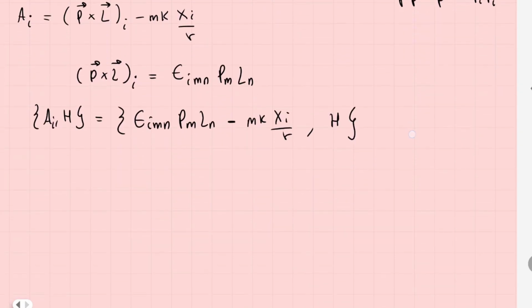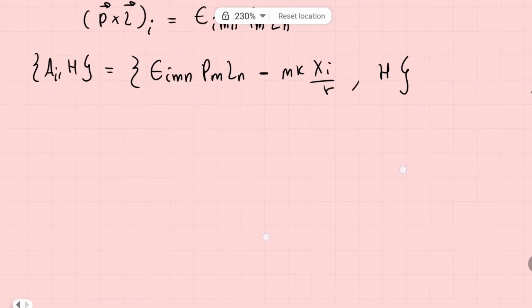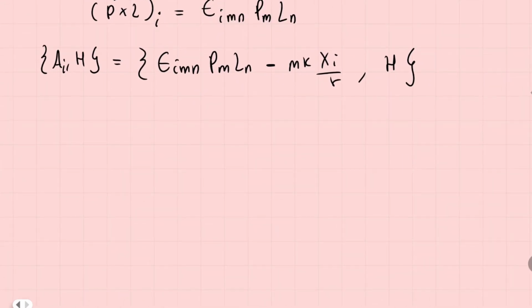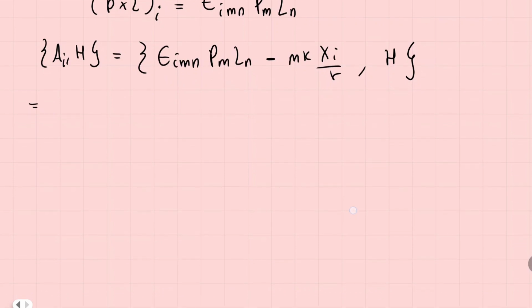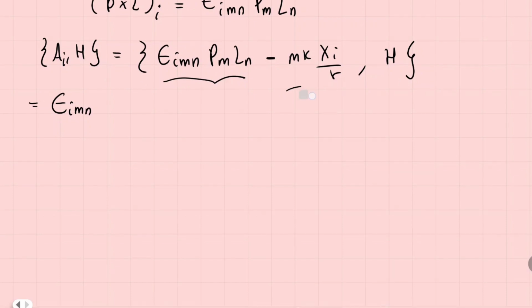Okay, perfect. So here we are going to use the properties of the Poisson brackets. In this case, looking that the Levi-Civita symbol is a constant, we are going to take it out from the brackets, and also this quantity over here, we are going to take it out. So that is going to give us epsilon_imn, and we are going to split the Poisson brackets, this with H and this with H, to get two Poisson brackets.